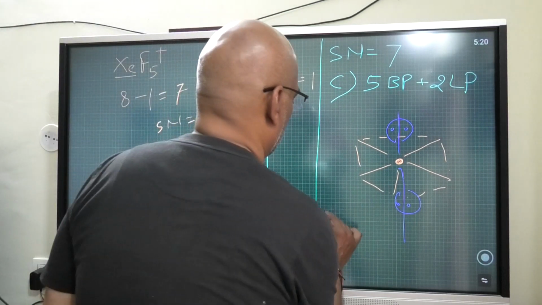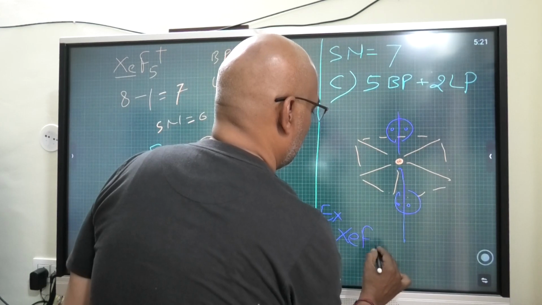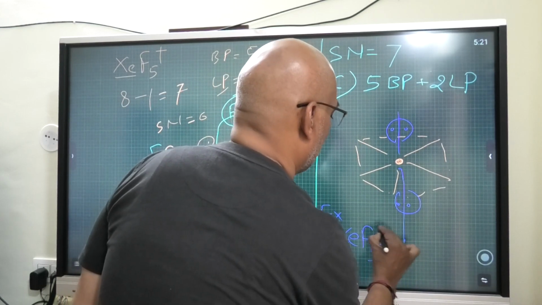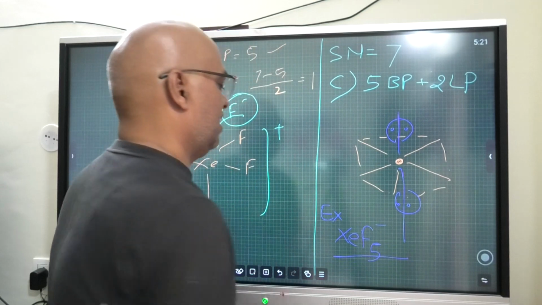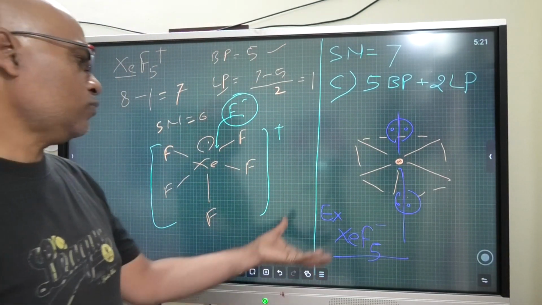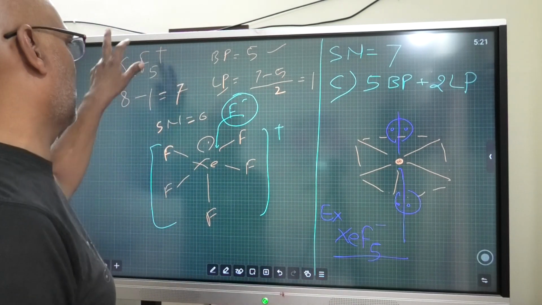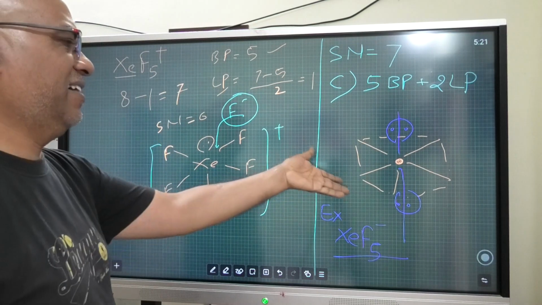The well-known example for this is the XeF5 minus anion. So suppose you want to apply the VSEPR concept that I have taught you. Like this, you can apply here also.